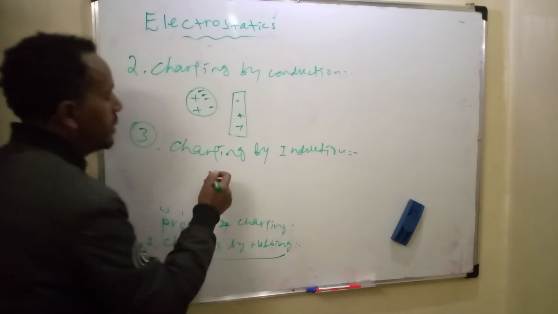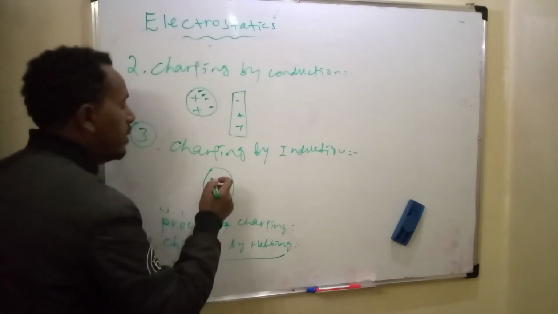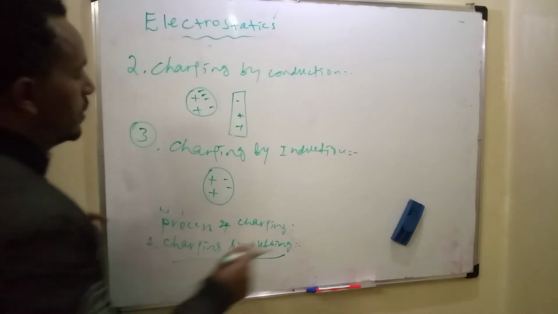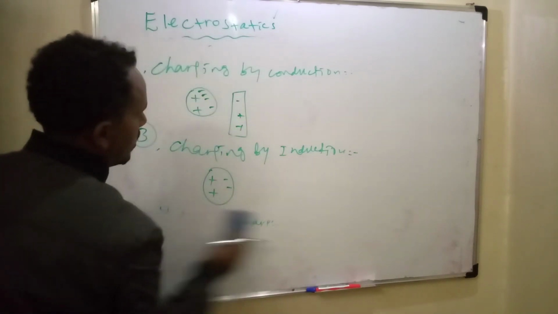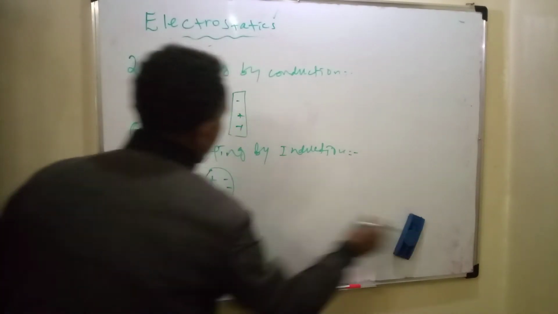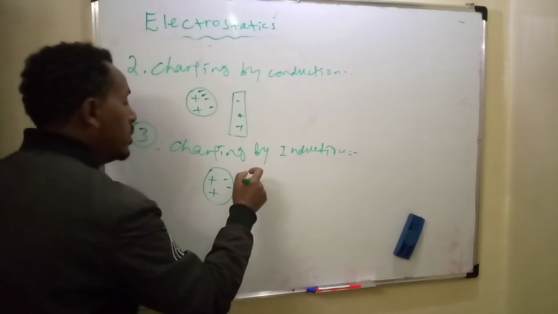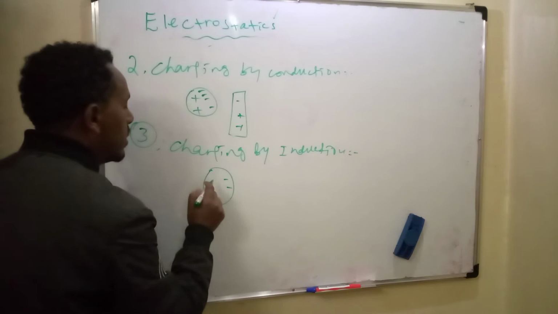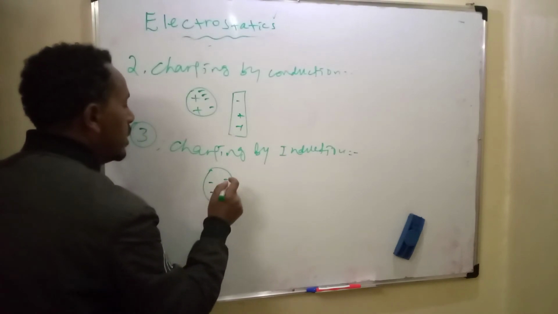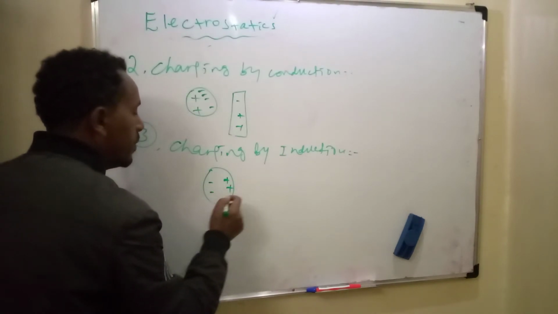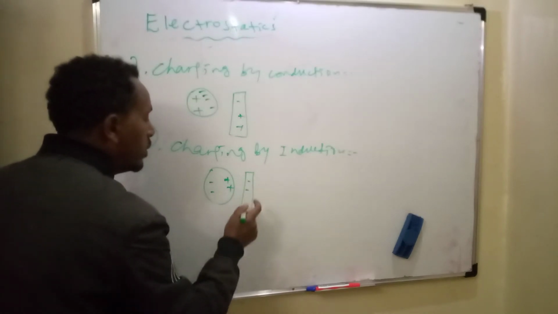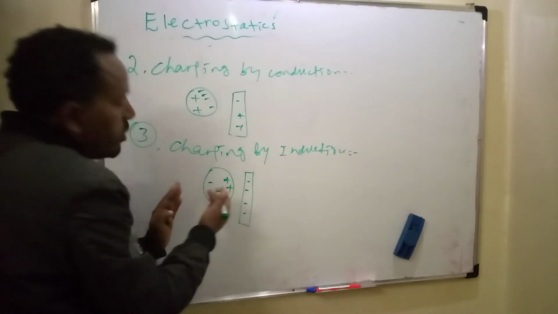For example, if this is a sphere, and this is a rod, negatively charged, the rod approaches the sphere.